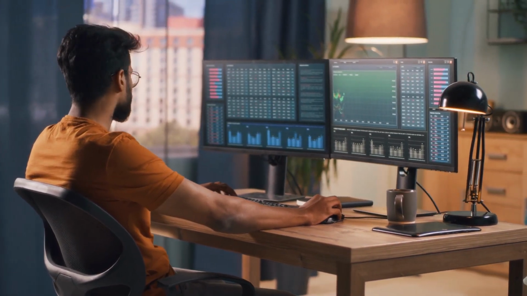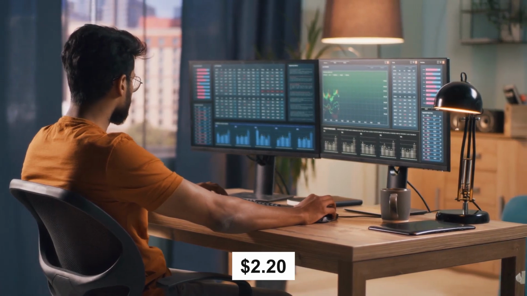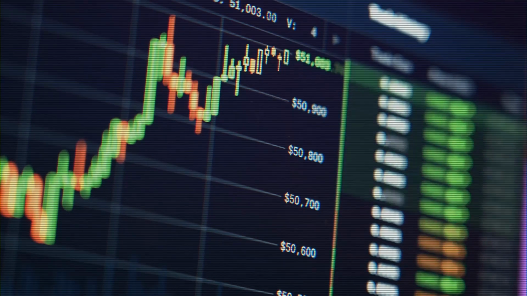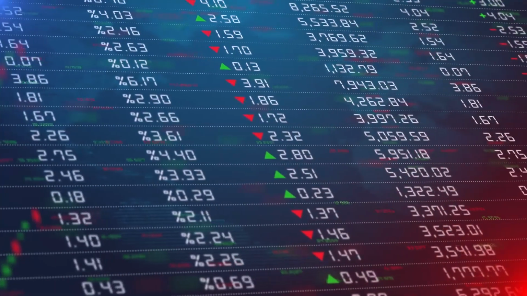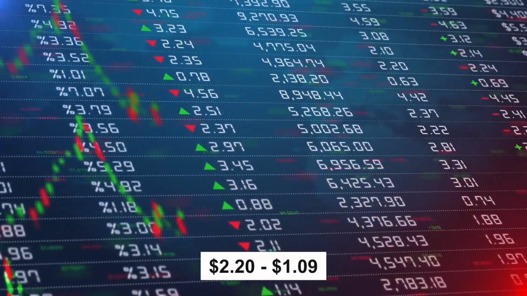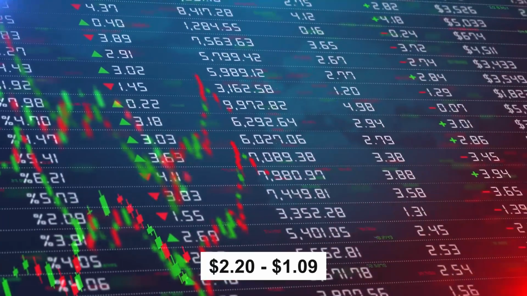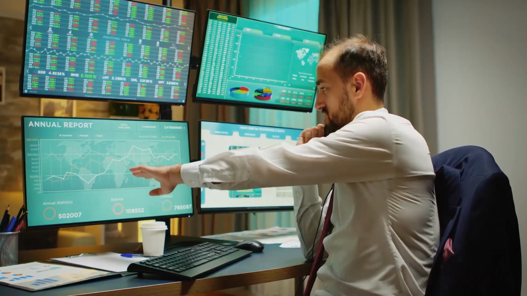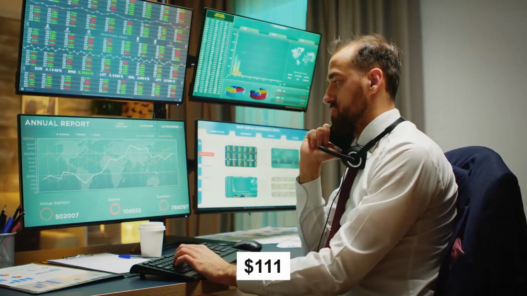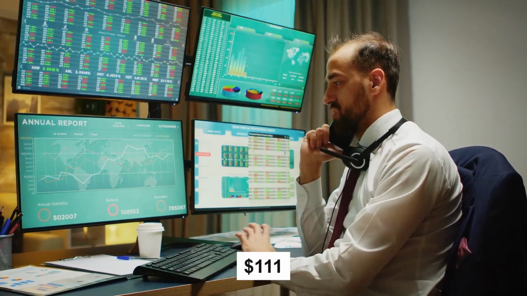Suppose we buy this call option now at $2.20. If the Twitter stock remains unchanged and trades sideways for the next 28 days, the option's price will gradually decline from $2.20 to $1.09. Since option prices have a multiplier of 100, the net loss on this trade would be $111, even though the stock price didn't move.